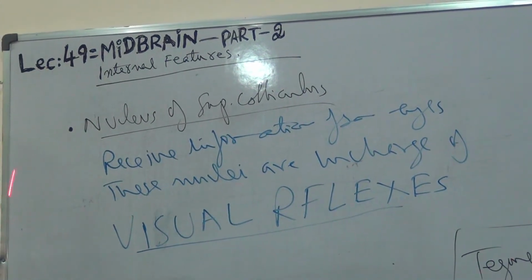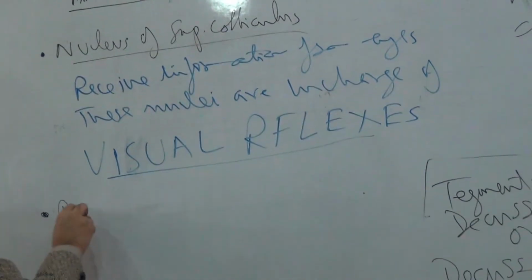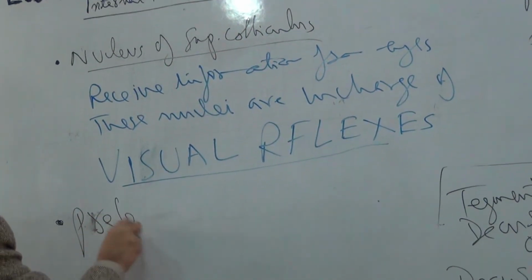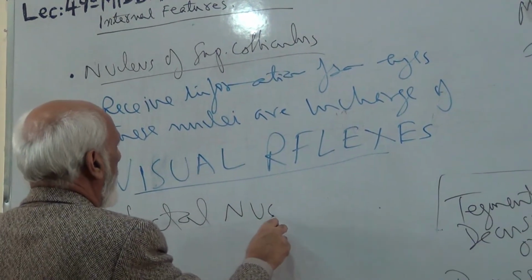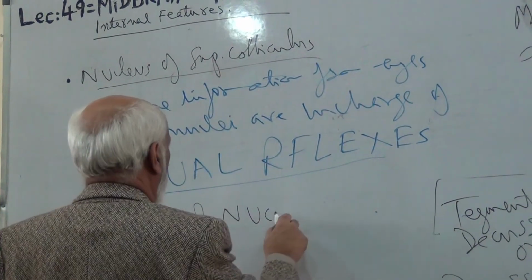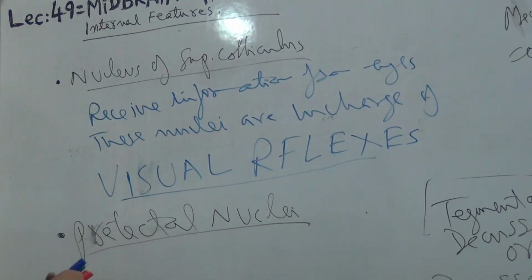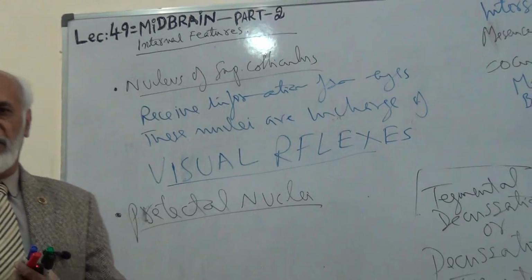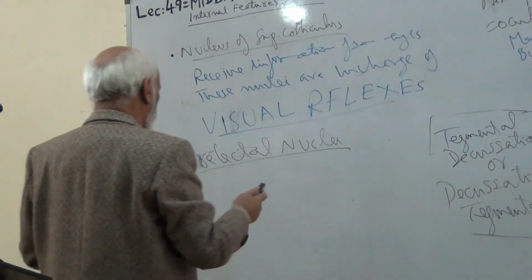And then next is the pretectal nuclei. Located in the tectum at the level of the superior colliculus, anterolateral to the nucleus of the superior colliculus.